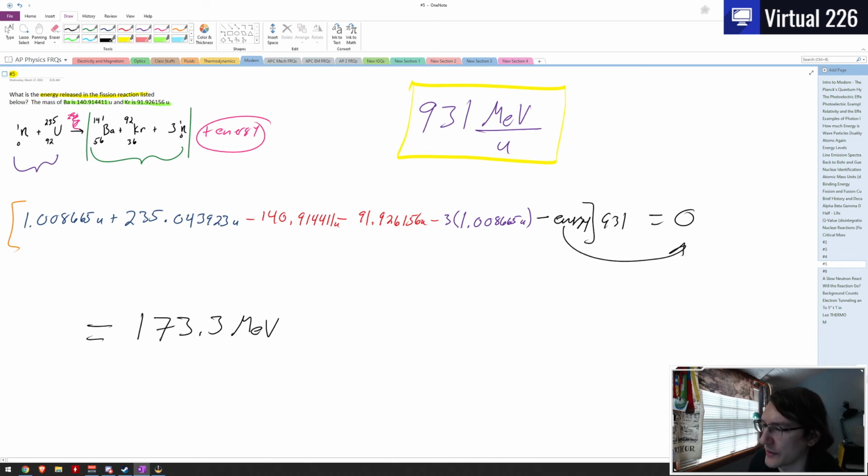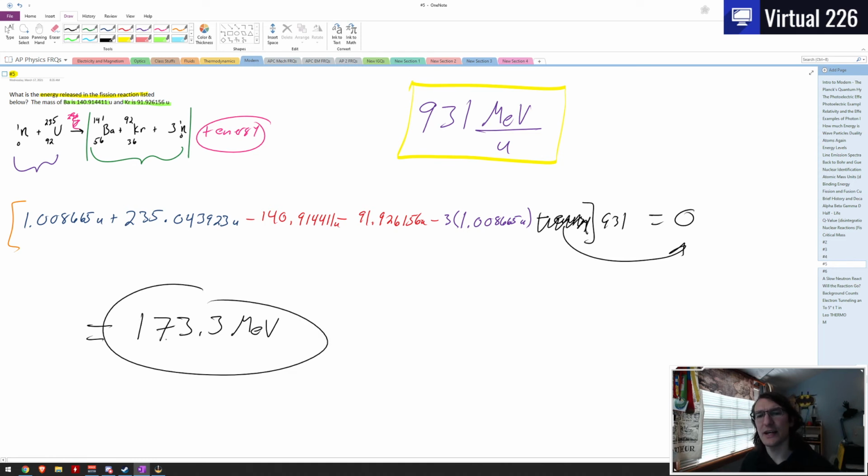This energy got pulled to the other side, so whenever we took this difference, this here is the energy we were looking for. So this is the amount of energy that this fission reaction is actually going to be giving off. And since it's giving off this energy, we know that it's exothermic.